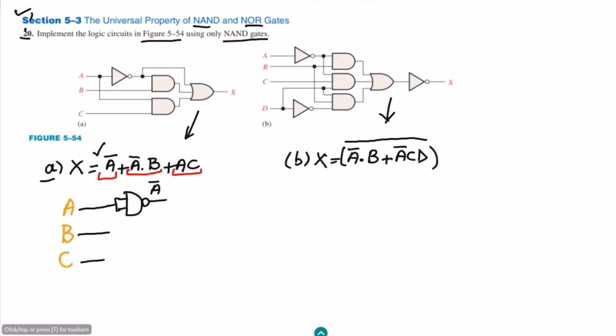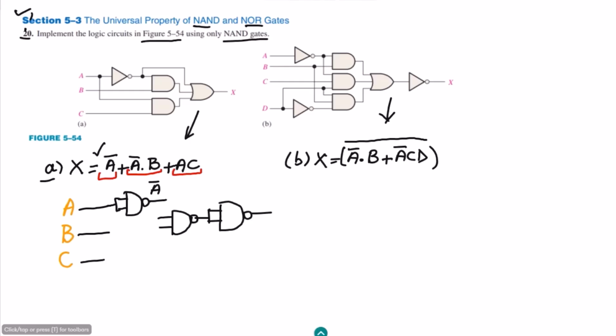Similarly for the second, I have here A complement dot B. To calculate it, I have previously shown you guys that for the AND gate, I first have the two input NAND gate, and after it I have another NAND gate connected to it, and the output of it will be similar to the AND gate.